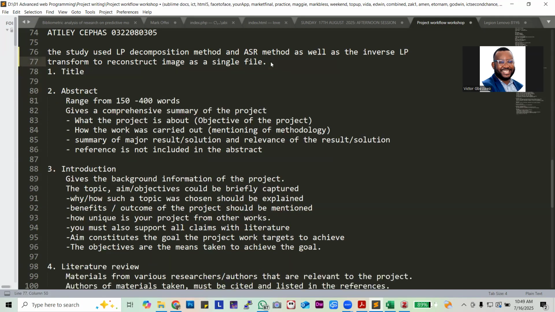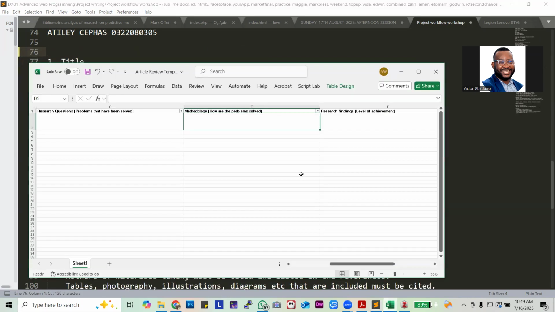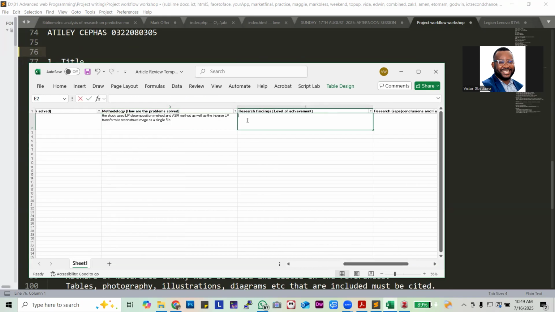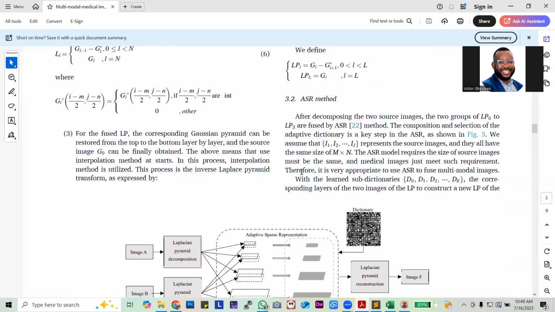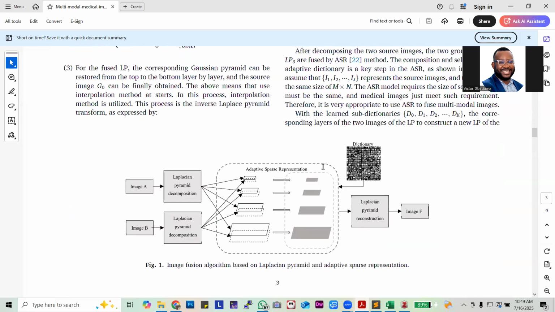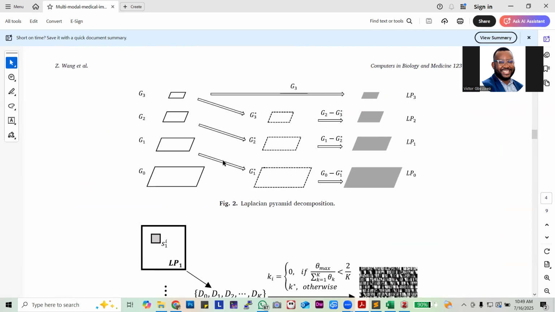So you can take off this, then we use this as the methodology. So here, indicate this is what they did. So the research finding, what was found out at the end of the day. So the result will tell us all these calculations and stuff are just there to confuse you.